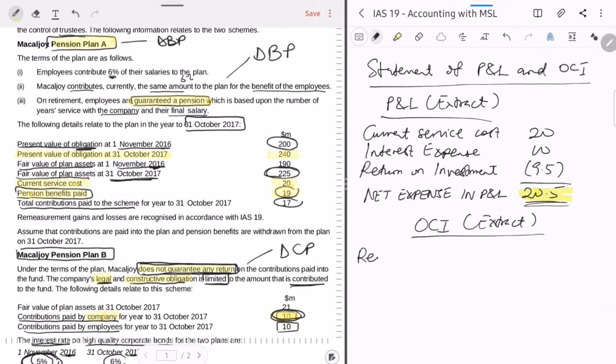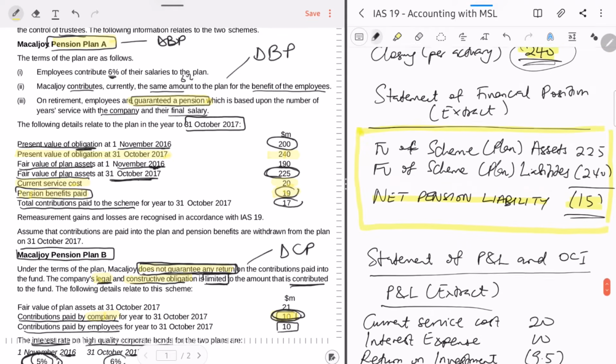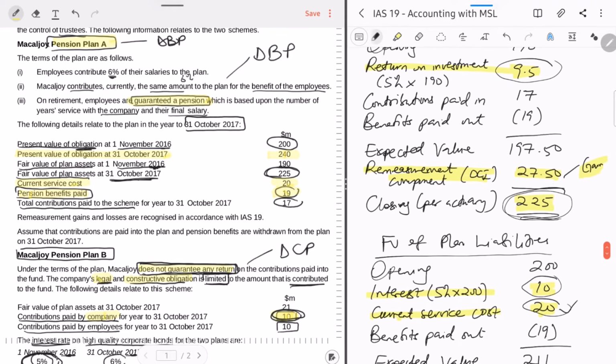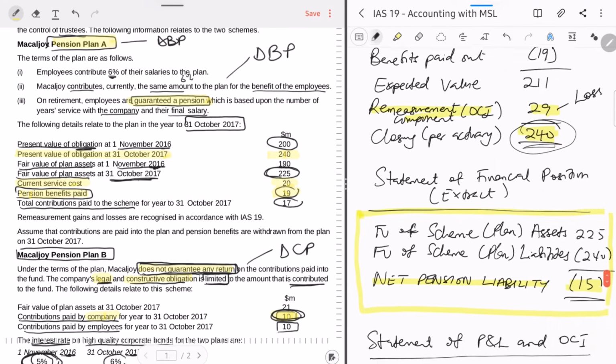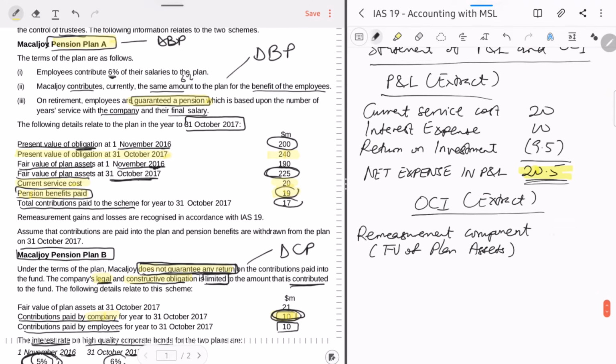So let's say remeasurement component from the fair value of plan assets. I think that gave us a gain of here 27.5, right? Since it's a gain, let me just use negative 27.5.